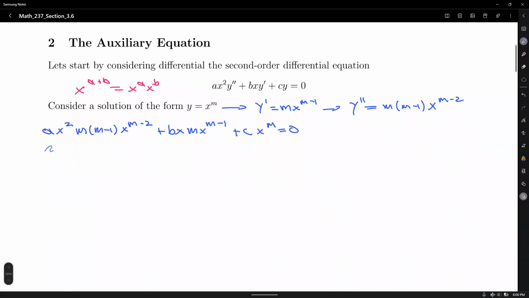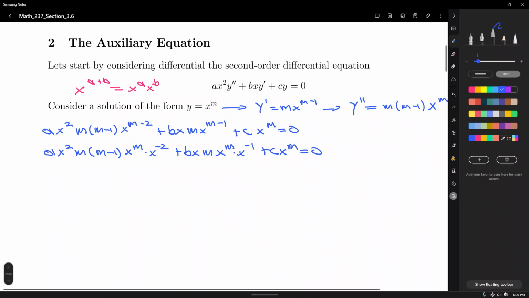That is a x squared m times m minus 1 x to the m times x to the negative 2, plus b x times m x to the m times x to the negative 1, plus c x to the m power. Let that be equal to 0.